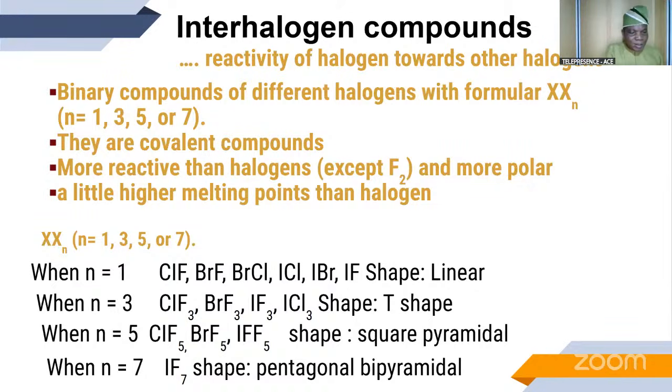And when n is 3, you have BrF3, IF3. They are all linear in shape. They are all linear in shape.